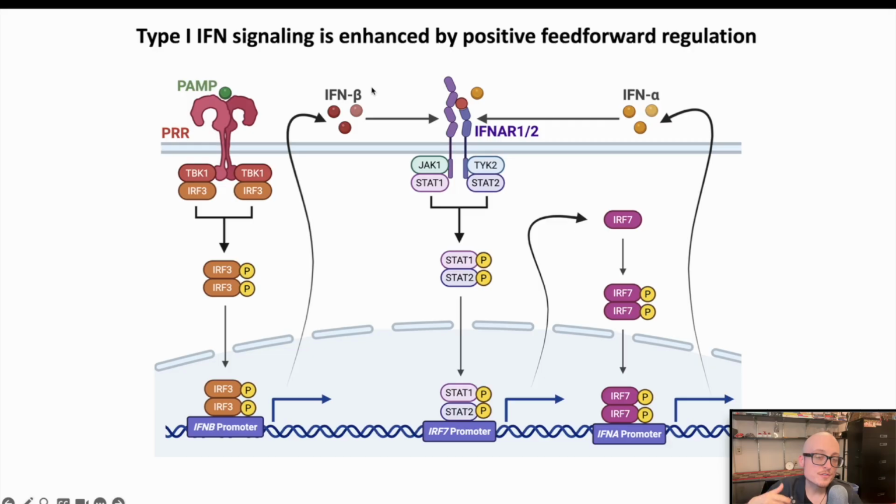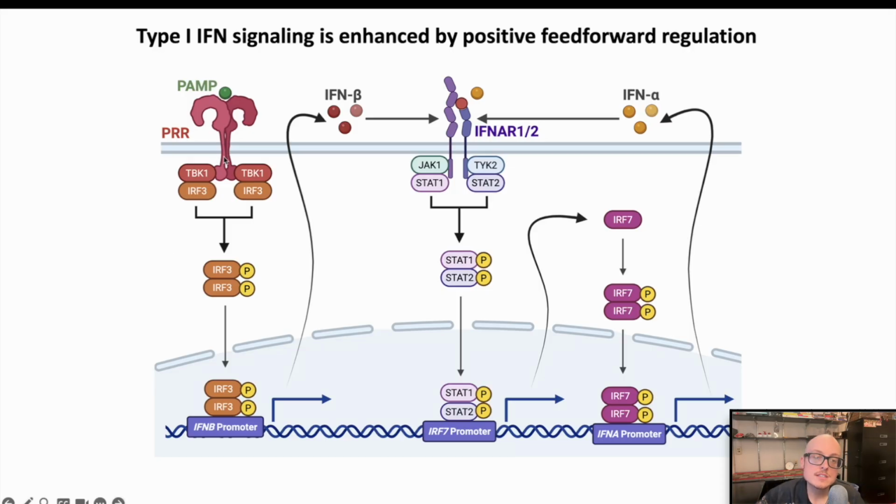To induce interferons in the first place, usually we need to recognize non-self. Usually this is a non-self entity associated with a virus, some kind of viral PAMP, viral pathogen-associated molecular pattern, which is going to activate a pattern recognition receptor that is specialized for recognizing viral materials. But when that pattern recognition receptor is activated, that is going to set off a cascade to initiate the initial production of interferon.